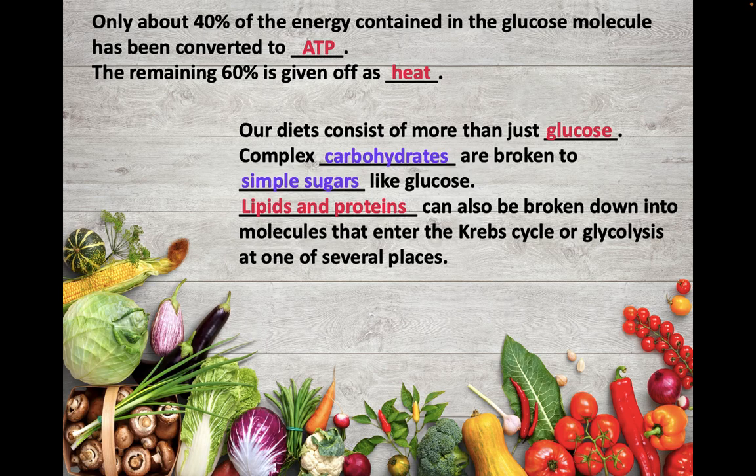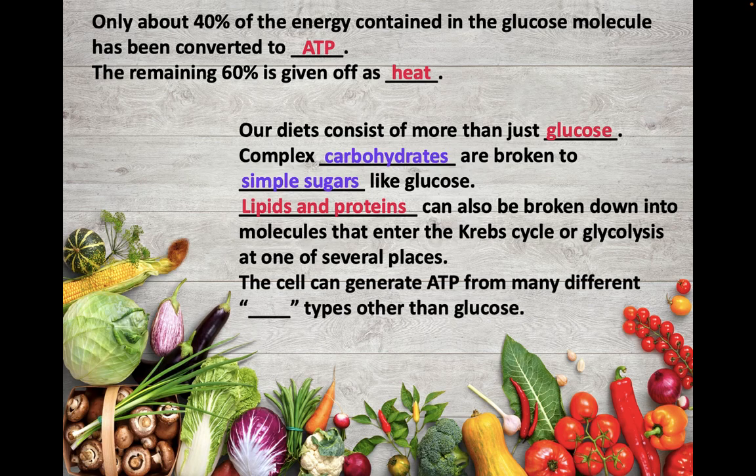We're not going to get into the depth of how the lipids and proteins get broken down into what gets used in the Krebs cycle or glycolysis. We don't need to get into that. Just think about the fact that all of those compounds are made of carbon, hydrogen, and oxygen. So all you would have to do, think of when we built them, is pull them apart and reconstruct them to make the different molecules you need in order for them to work in the respiration process.